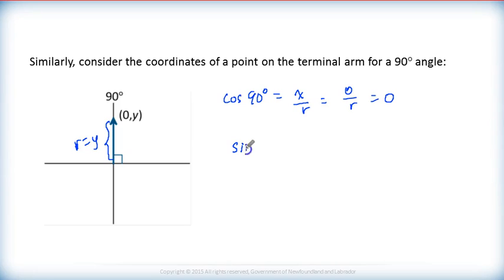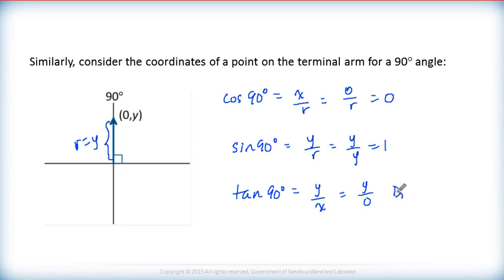The sine of 90 degrees is the y value over r, which is y over y, which is 1. The tan of 90 degrees is the y value over the x value, which is y over 0. But we have division by 0, which is undefined. So there's no value for the tan of 90 degrees.